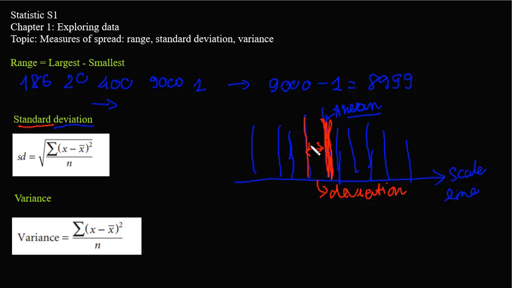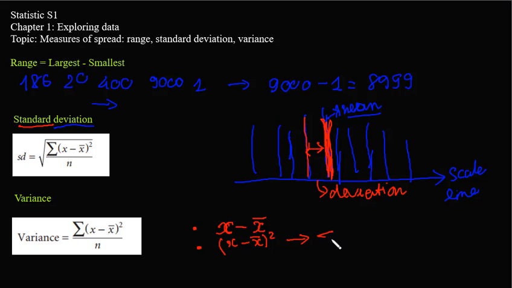For an x value here, we call it x, and the mean would be x bar. So first step, we take the x value minus the mean. The second step, we take the square of that: x minus x bar, squared.